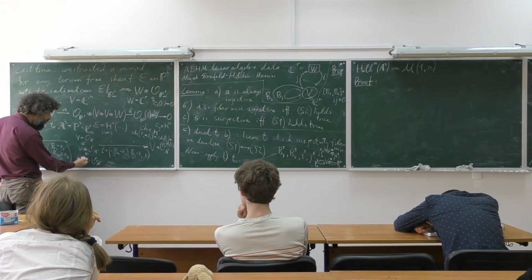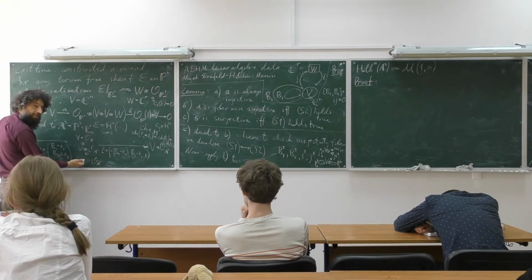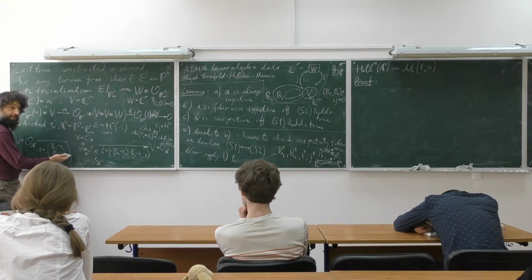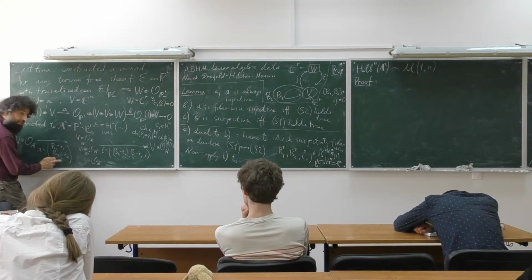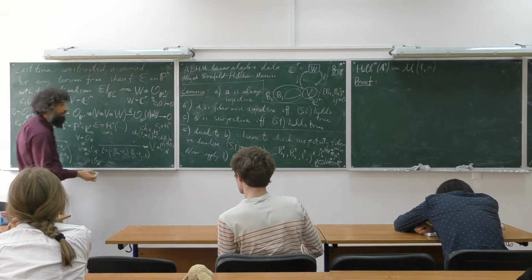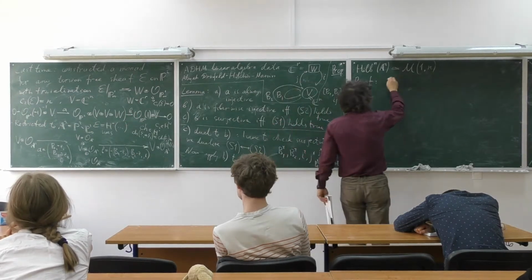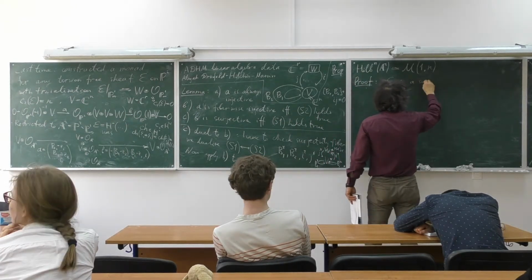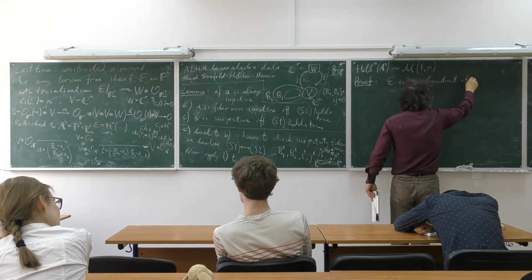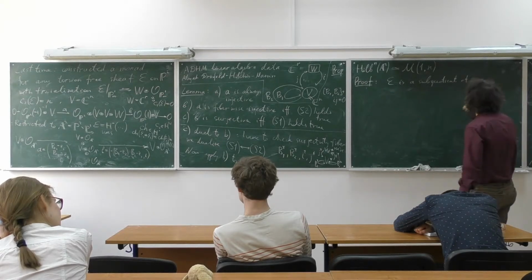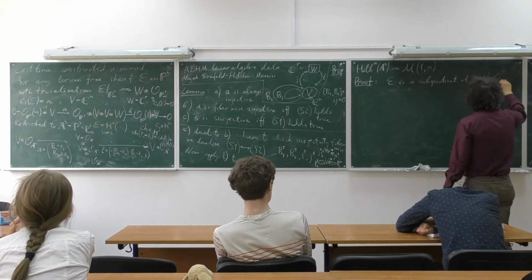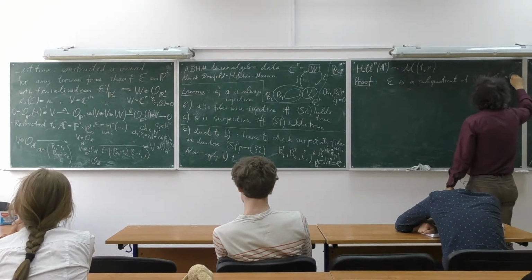It is a subquotient of this middle sheaf, namely, the kernel of B modulo the image of A. So it's V plus V tensor OA2 plus OA2.